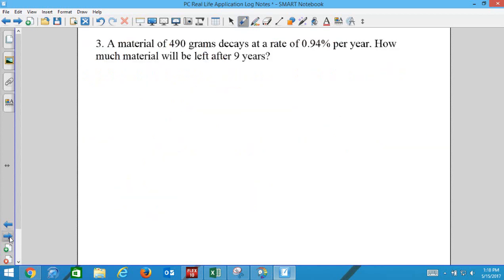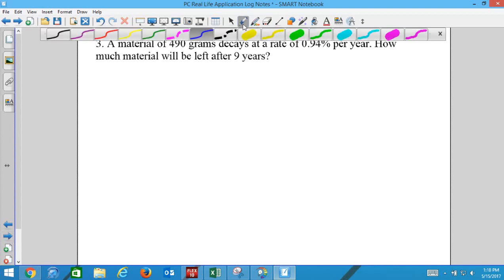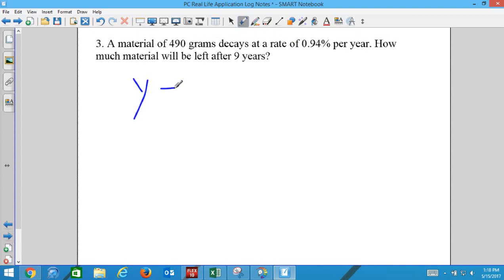So a material of 490 grams decays at a rate of 0.94% per year. How much material will be left after 9 years? We're going to use the decay formula. We do not know how much material is left, but we do know we're starting with 490. We're going to do 1. Is it going to be plus or minus? Minus because it's decay, right?